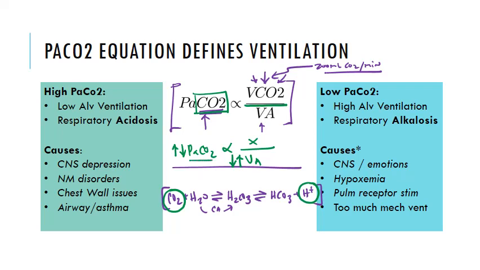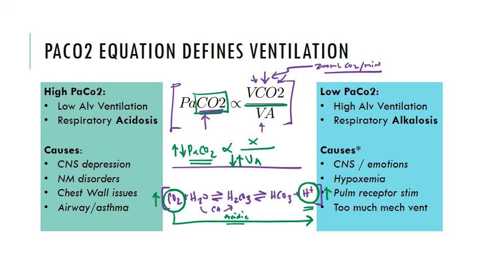Let's see what it means when we increase or decrease the amount of PaCO2. If we increase the amount of CO2 in the blood, this pushes the equation to the right and ultimately increases the amount of hydrogen ions in the body, creating a more acidic environment.